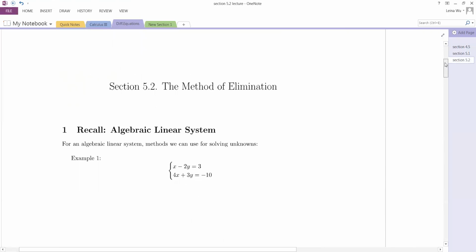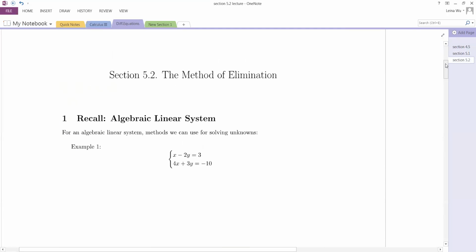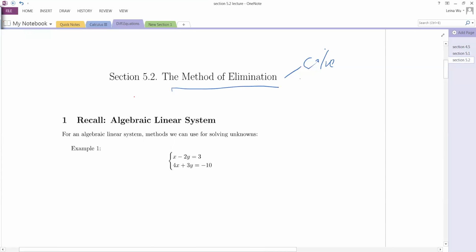So this section is called the method of elimination. Okay, method of elimination. Have you heard of this name somewhere before? Sounds like system of equations. Yes, that's where we have learned to solve system of equations, right?